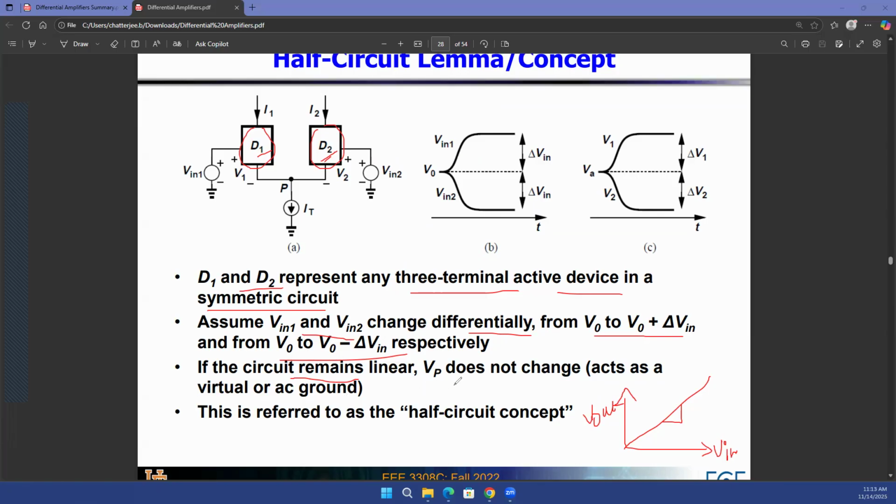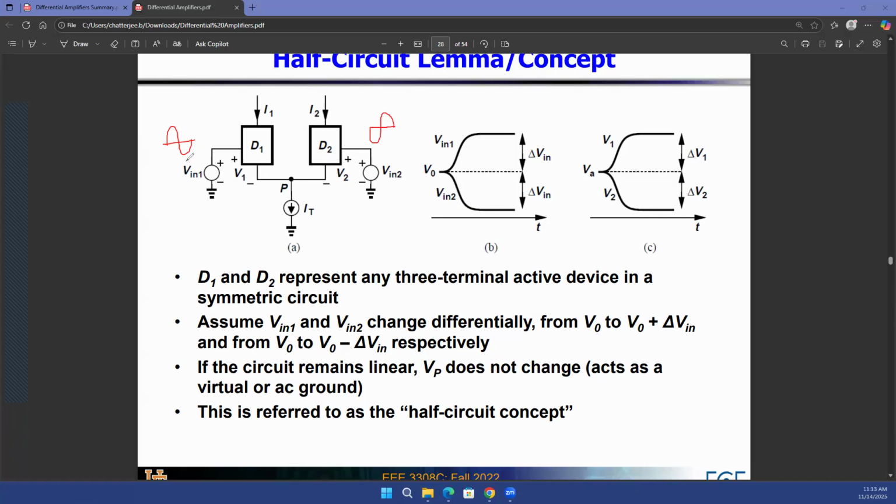And if that happens, in that case, Vp does not change. This point Vp, the voltage at this point does not change. Why do I say that? Let's try to understand this from another point of view. Let's say I have a sine wave on the left side and a 180-degree phase shifted sine wave on the right side. I am applying both of them at the same time, and that's the assumption, that your V1 and V2 are differential.